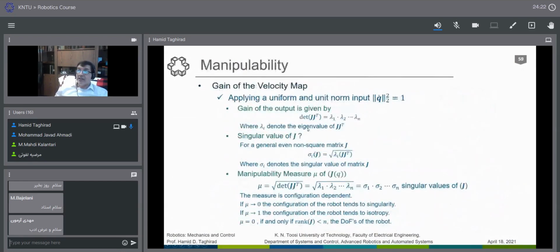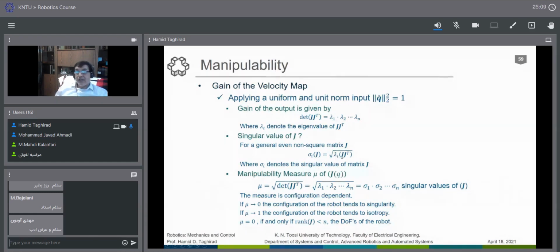And we can see that since the determinant of JJ transpose is equal to lambda 1 to lambda n, this relation is somehow the inverse of this determinant, and we can consider that by a singular value of J. We have the determinant or eigenvalues of JJ transpose, but in linear algebra, these are related to the singular values of J that can be easily found by MATLAB and other software toolboxes, by the square root of the eigenvalues of JJ transpose.